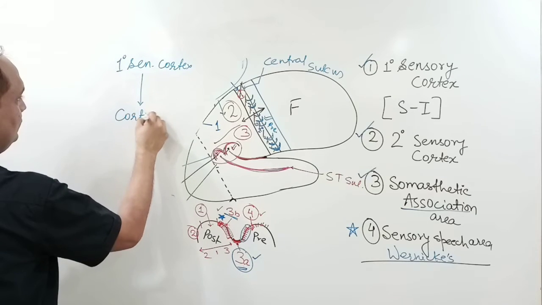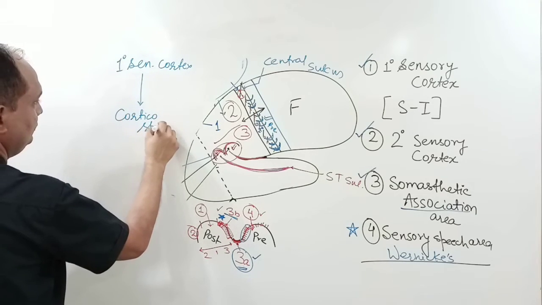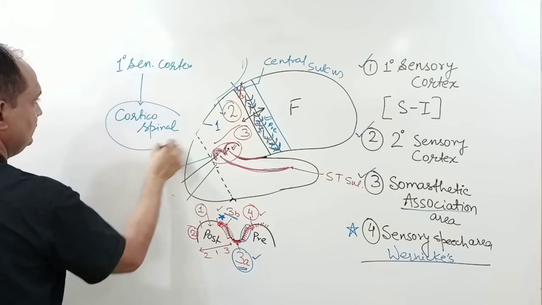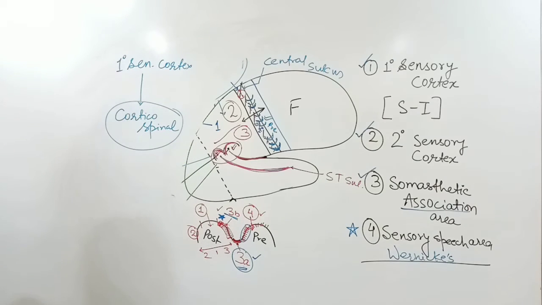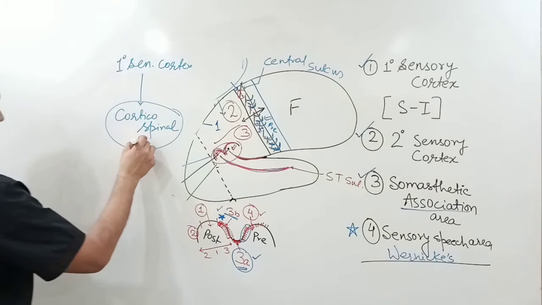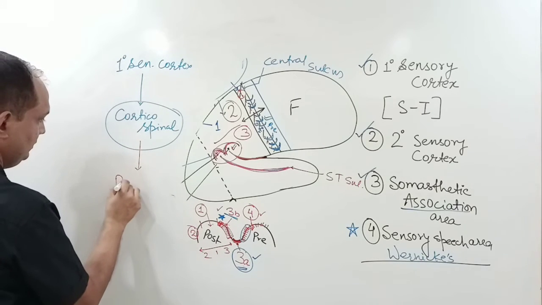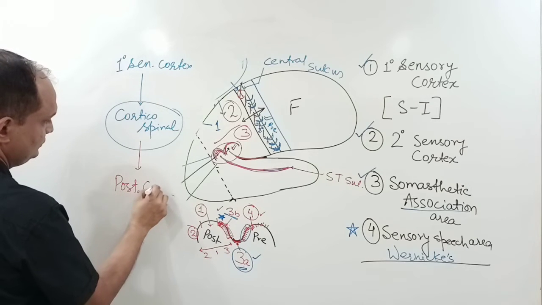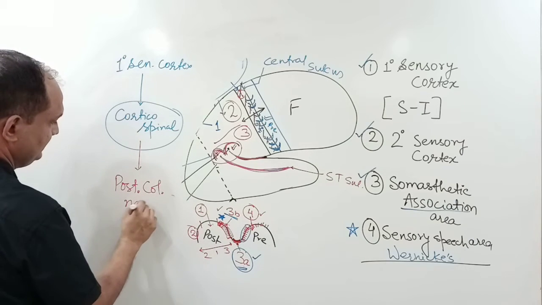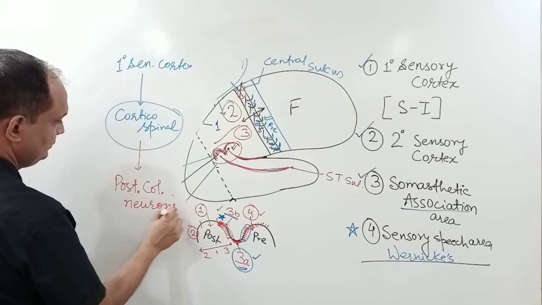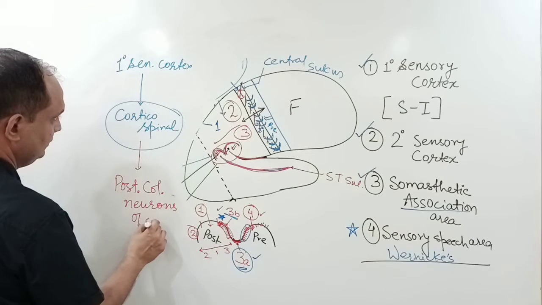Now these corticonuclear and corticospinal fibers will go and influence your posterior column neurons of the spinal cord.